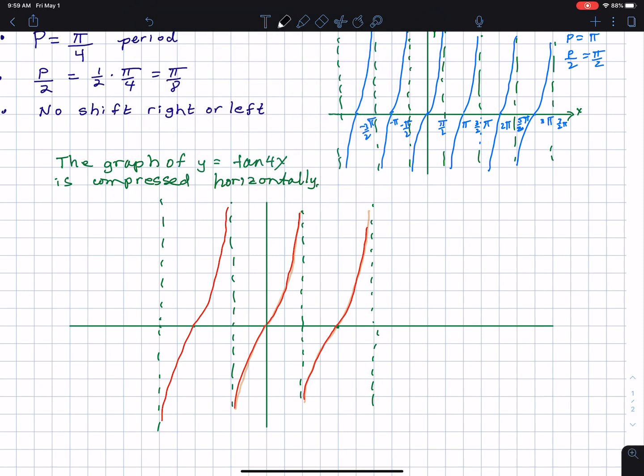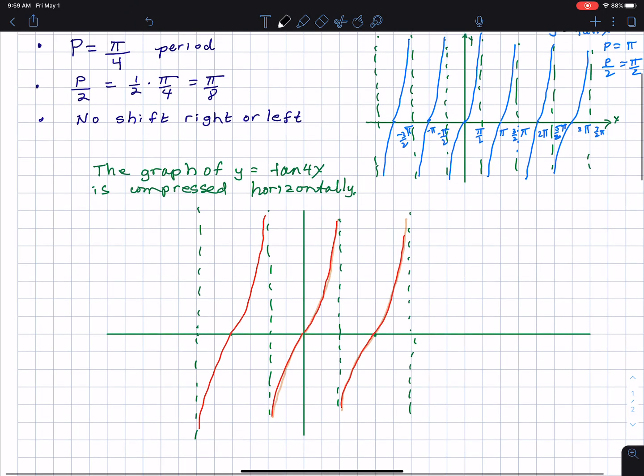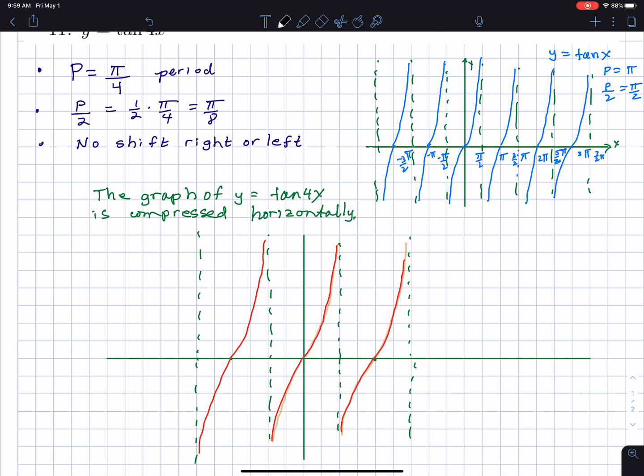Now, we still have 0. And what I have here is what I call half of the period. If I start at 0 and go half the period, I get pi over 8. That was an easy addition, 0 plus pi over 8. Then I get 2 eighths, and then 3 eighths.